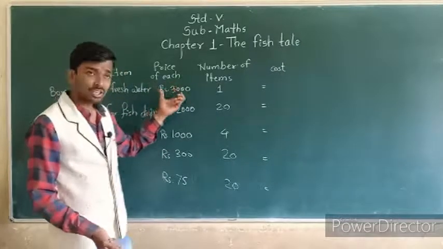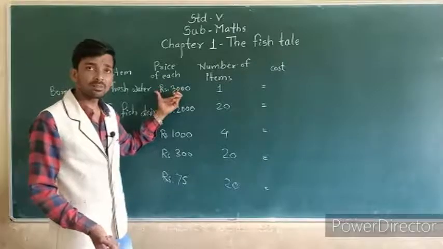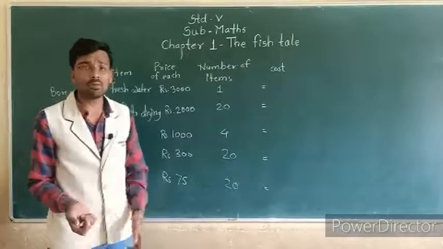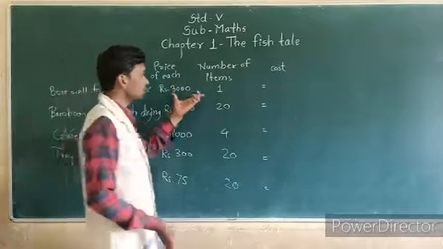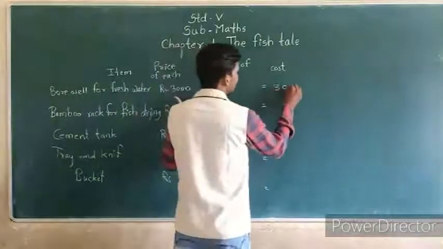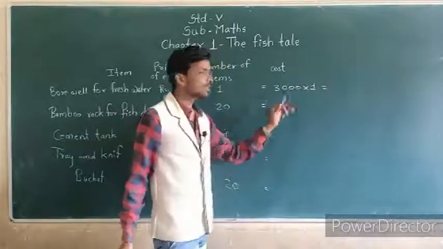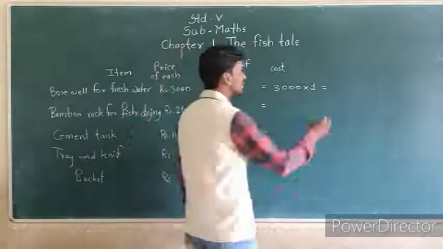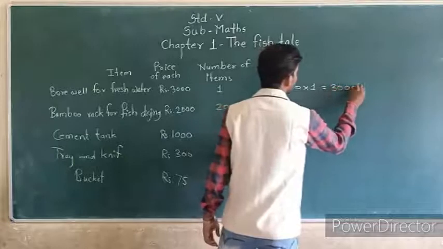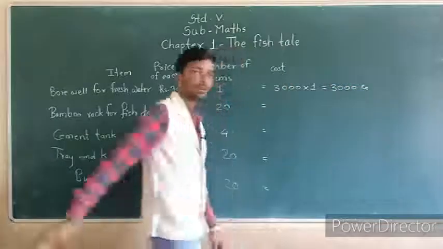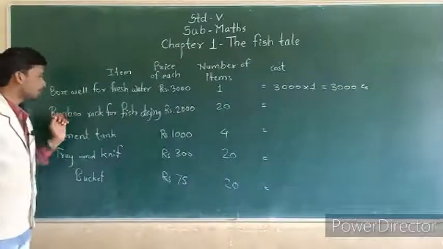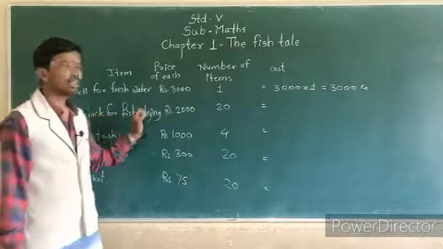Because for each the cost is 3,000, and how many items do they require? Only 1. So 3,000 multiplied by 1 is 3,000 rupees.